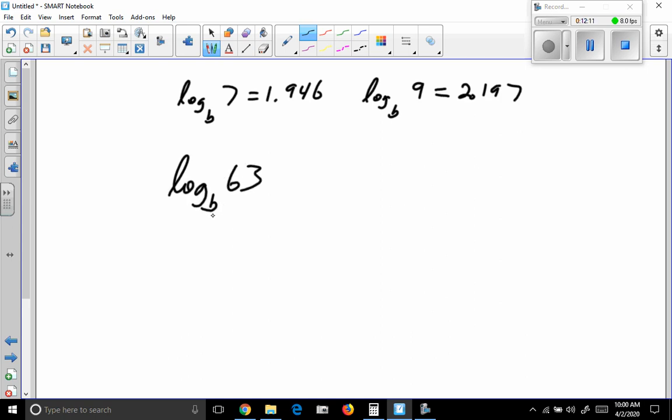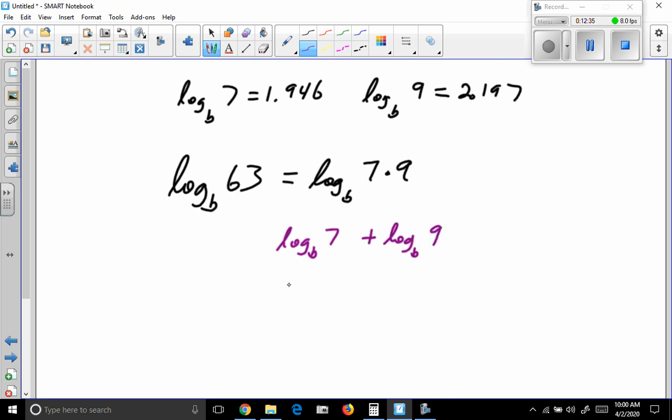Well, we don't know what this base is, so we can't just simply use our calculator and the change of base formula to evaluate it. What we do know is that 63 is 7 times 9. And if we have a product here, we're able to write this as log of 7 plus log of 9.